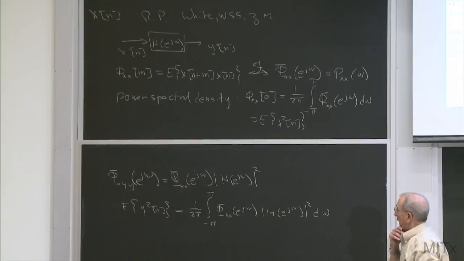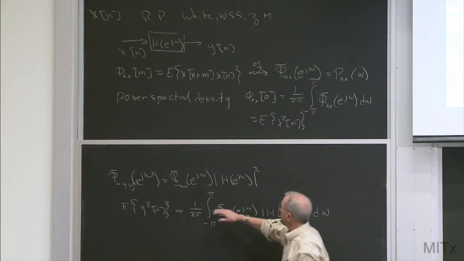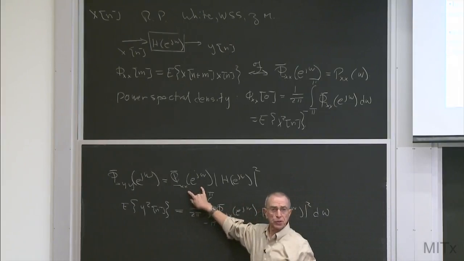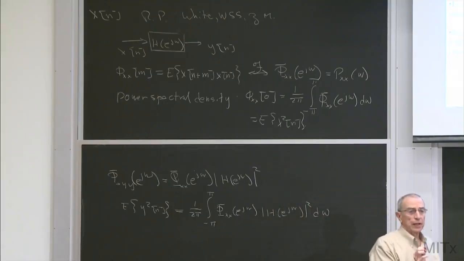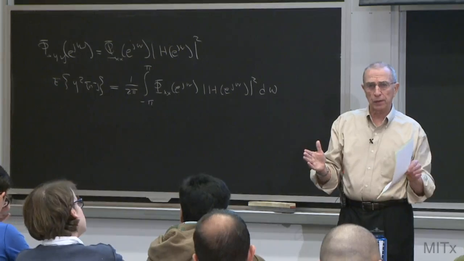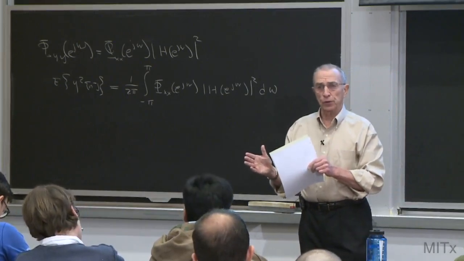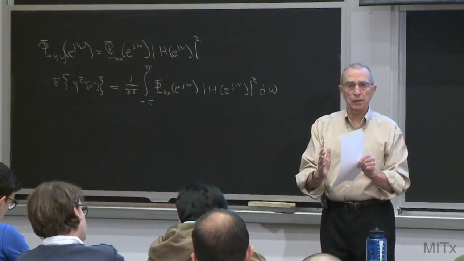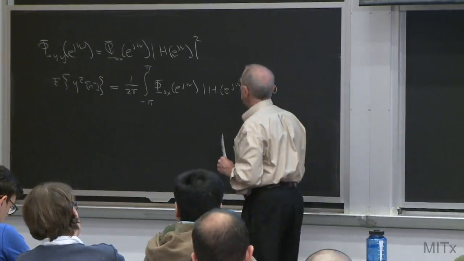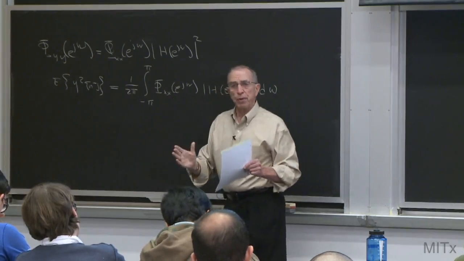And in fact, it's this equation that really justifies referring to phi xx as a power spectral density, because it says that if I put x of n through a filter which is a narrow band filter, or a filter covering any band, the power that comes out of the filter, which is going to be the part of the signal that occupies that band, is going to be the integral of this function just over the band of the filter.